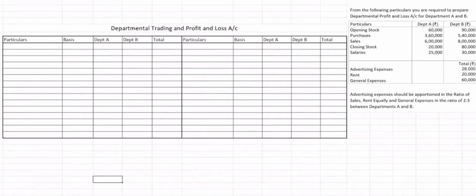From the following particulars, you are required to prepare departmental profit and loss account for departments A and B. Here they have given the particulars and the amounts department wise.